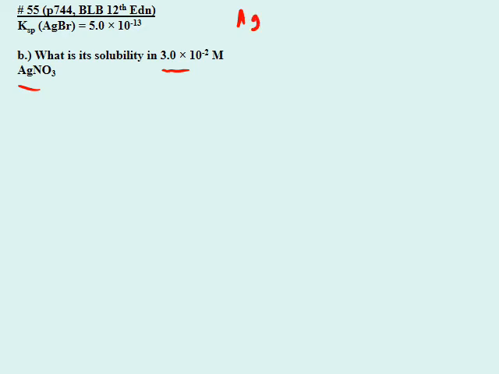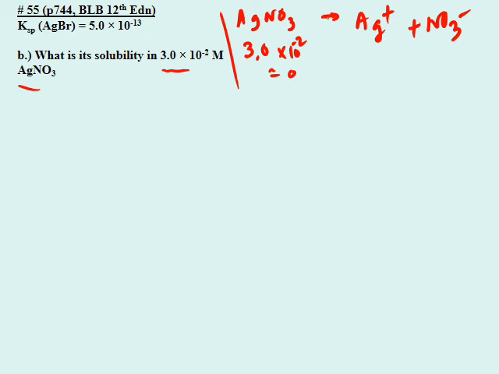So silver nitrate is a highly soluble substance in water that would break down into silver plus and NO3 minus. So basically, if I have 3.0 times 10 to the negative 2 molar silver nitrate, after it goes in solution quickly, there'll be no silver nitrate left as AgNO3.